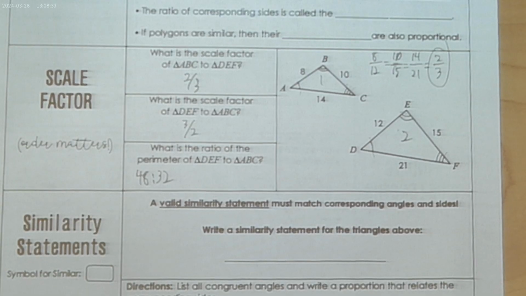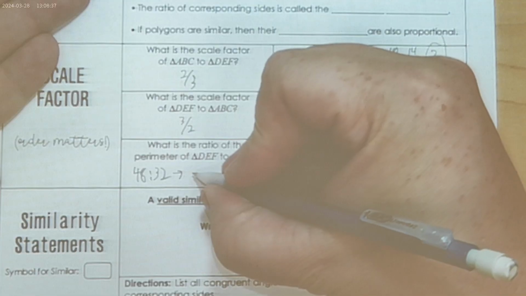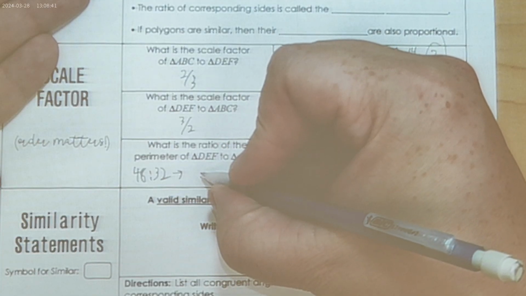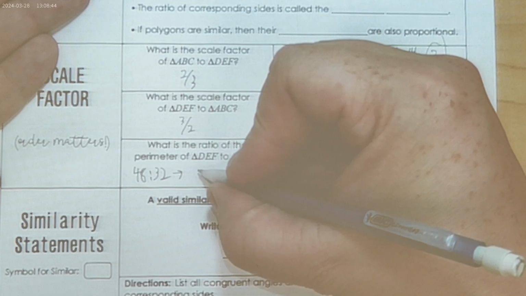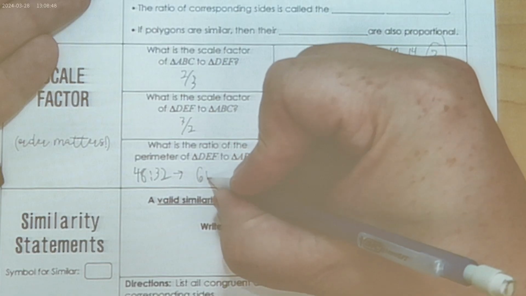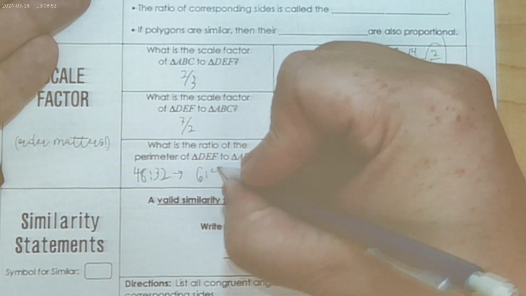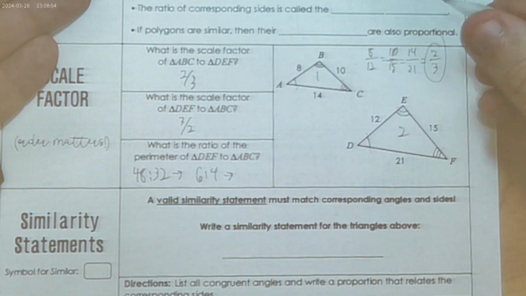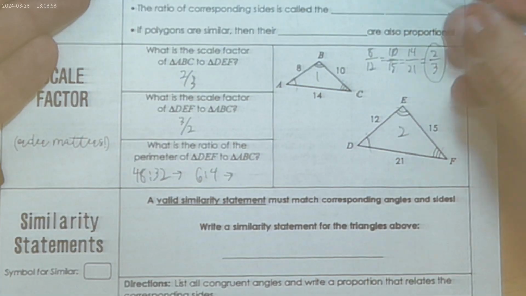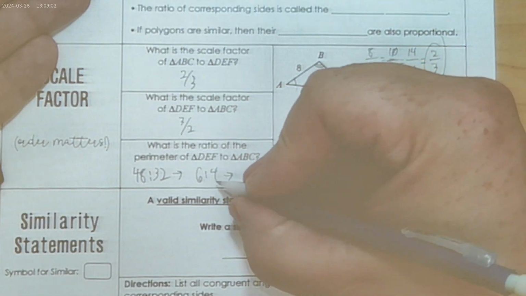Just looking at that, I know that I can simplify this further. They're both divisible by 8. 48 divided by 8 is 6, and 32 divided by 8 is 4. So 6 to 4, which also reduces if I divide both of them by 2.